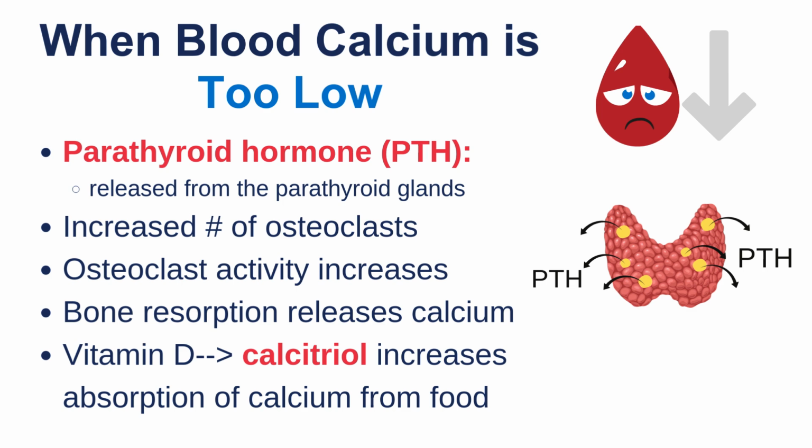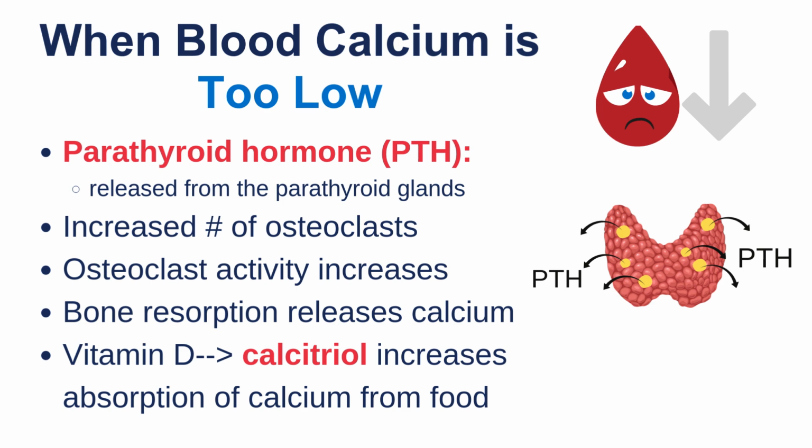PTH causes an increase in the number of osteoclasts and increased osteoclast activity. Remember, osteoclasts break down bone tissue during bone resorption, which releases calcium into the bloodstream. PTH also leads to the activation of vitamin D in the kidneys.